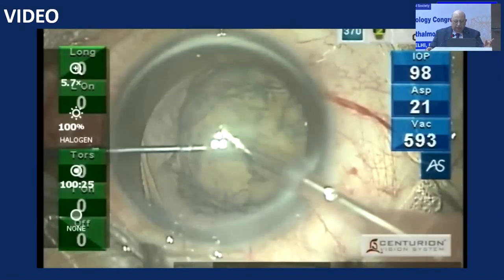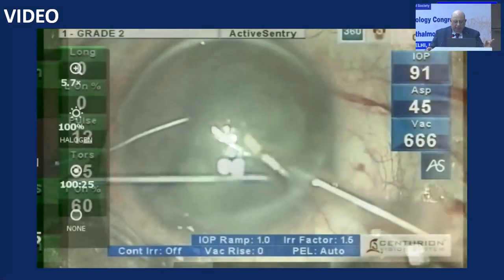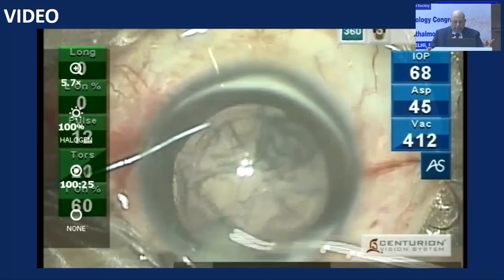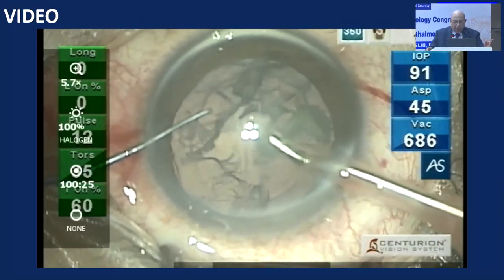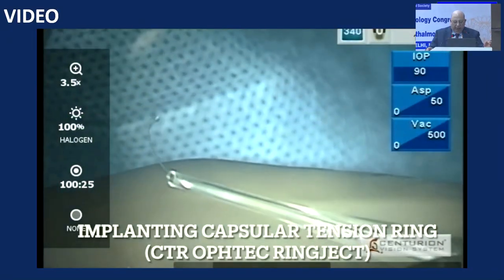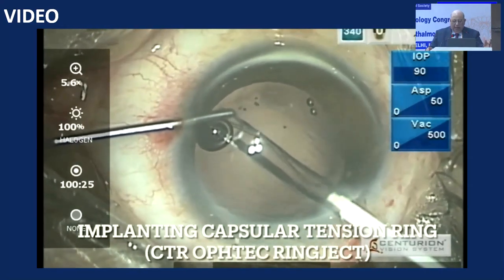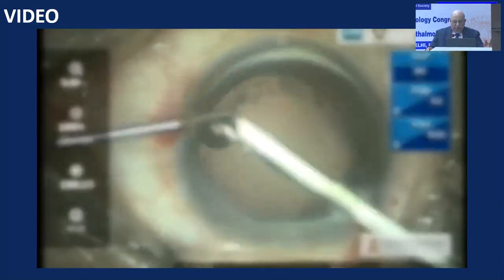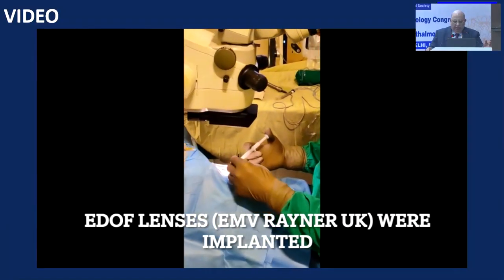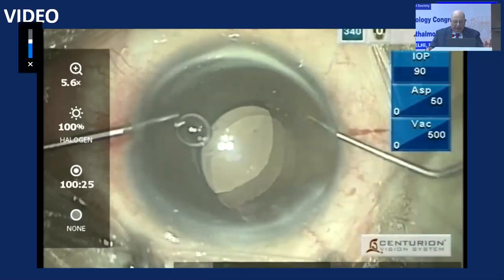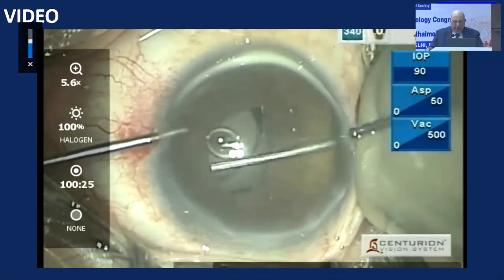And we then had to do it by a routine. We did our rhexis manually and subsequently bisecting the cataract, and we implanted a Rayner lens in the eye. Prior to that, to stabilize the bag, because these are enlarged bags, we put in a capsular tension ring, because it's well known with megalocornea, you tend to get an occasional subluxation.